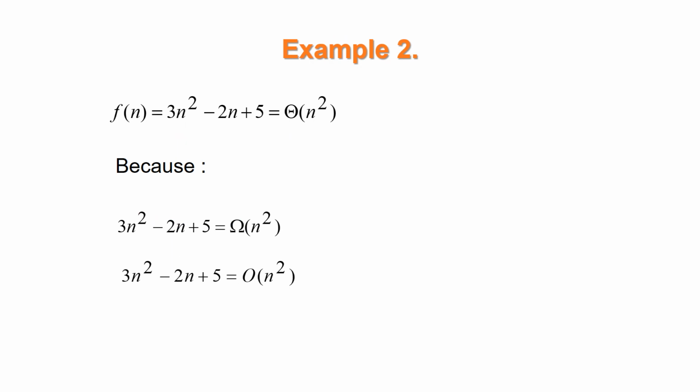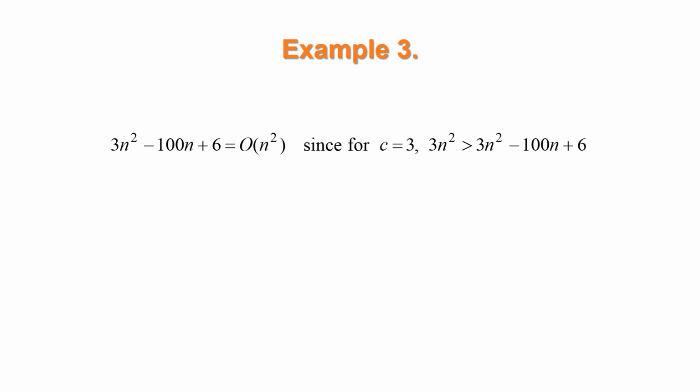Example number 2: f of n equals 3n squared minus 2n plus 5 equals theta n squared. Prove that. Because 3n squared minus 2n plus 5 equals omega n squared, and 3n squared minus 2n plus 5 equals O n squared.